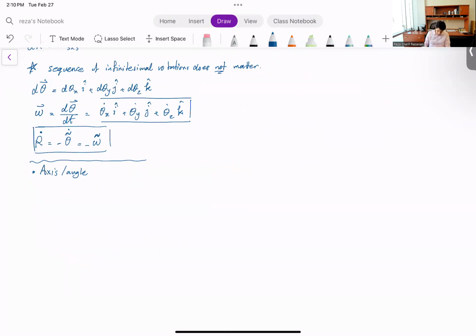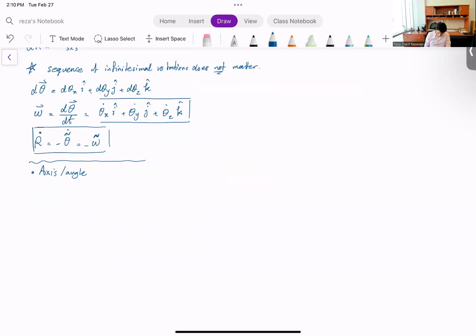So what we have here is some axis A and some infinitesimal rotation about that axis, phi. And this is equivalent to the summation of those d theta x, d theta y, d theta z.